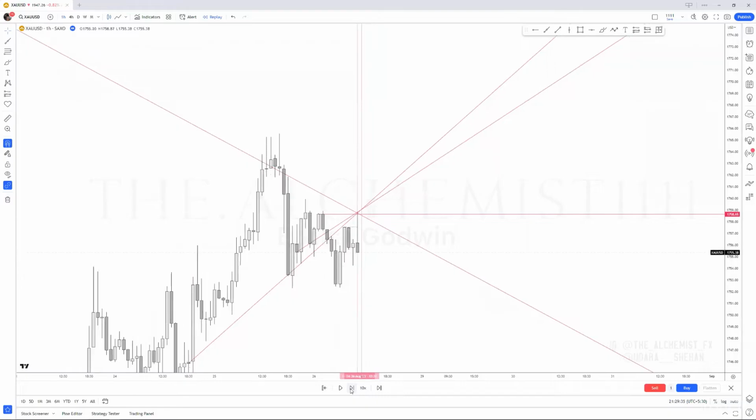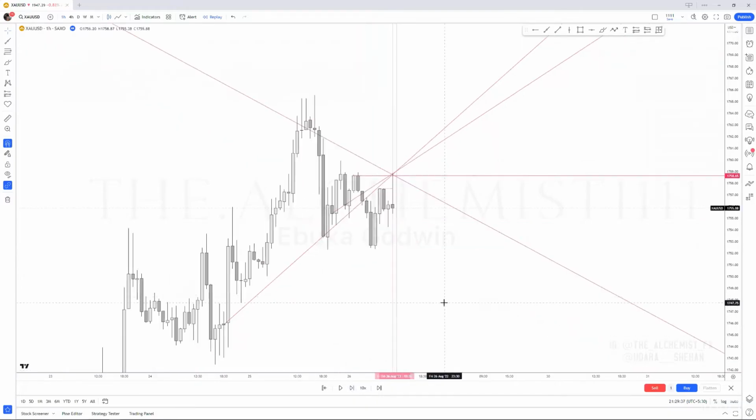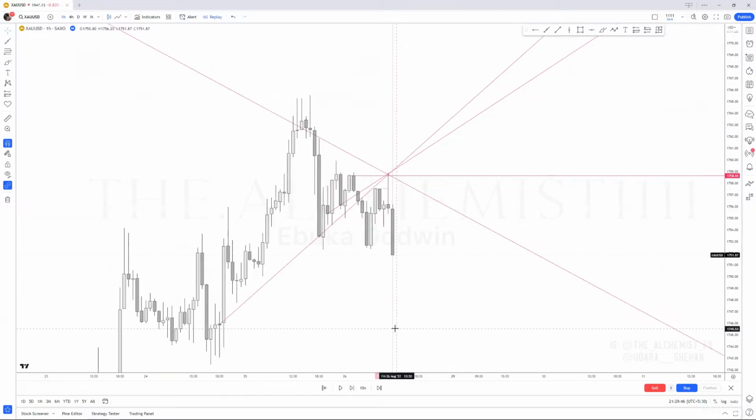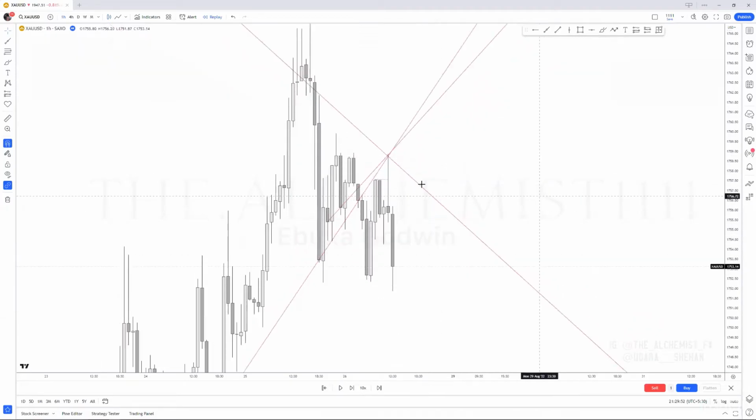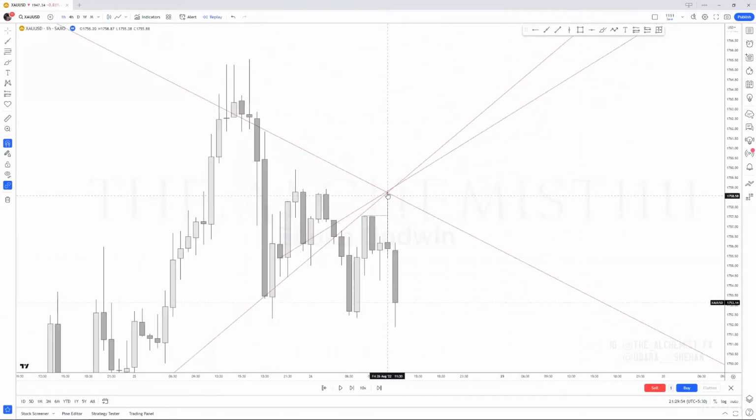Right at 11:30. See that? I can't make this up, right? You can see that very clearly. Taps right at London Kill Zone, 11:30 a.m. my time, and then, can you see the power of that trend line? Look at that. We call this the EQ point, in case you didn't know. When two trend lines overlap, we call it the EQ point.